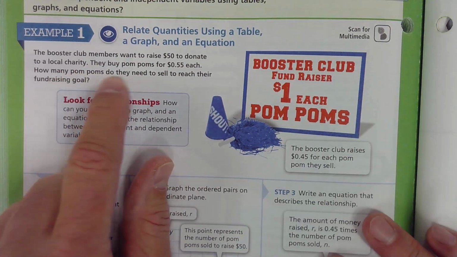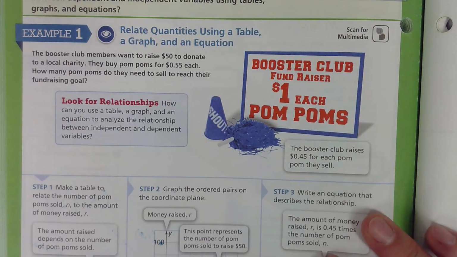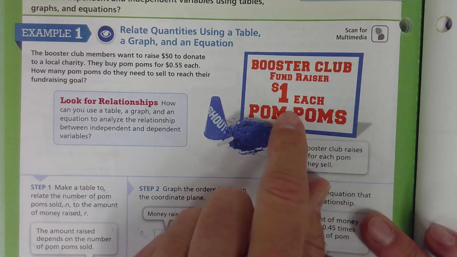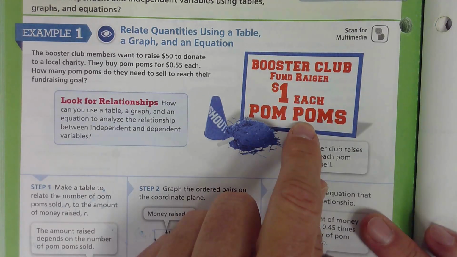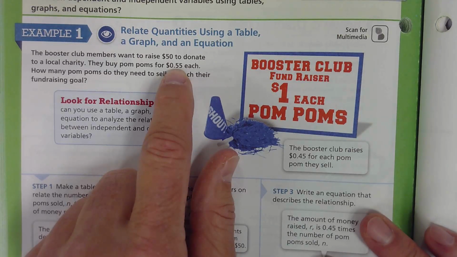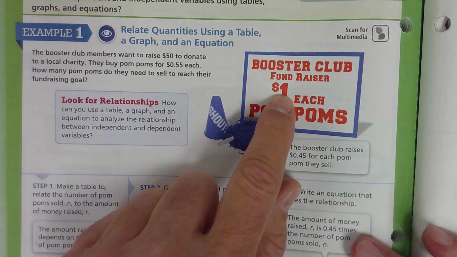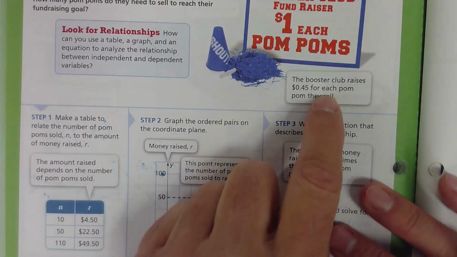It asks how many pom-poms they need to sell to reach their fundraising goal. It looks like it's $1 for each pom-pom, and they bought them for 55 cents. So for every one they sell, they're going to make 45 cents, which is what they tell us here.